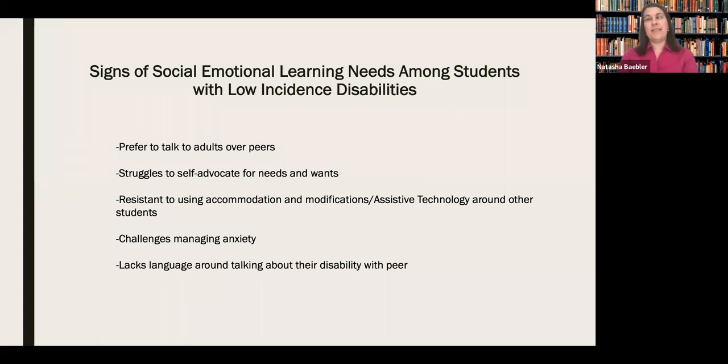And so one of the ways that I tackle this in the program really and truly is with some role playing, and then some actual practice, bringing in a peer who does not have the same disability as my learner, and getting them together and letting them practice just articulating and using those words, explaining what the impairment is behind their disability, explaining their accommodations.